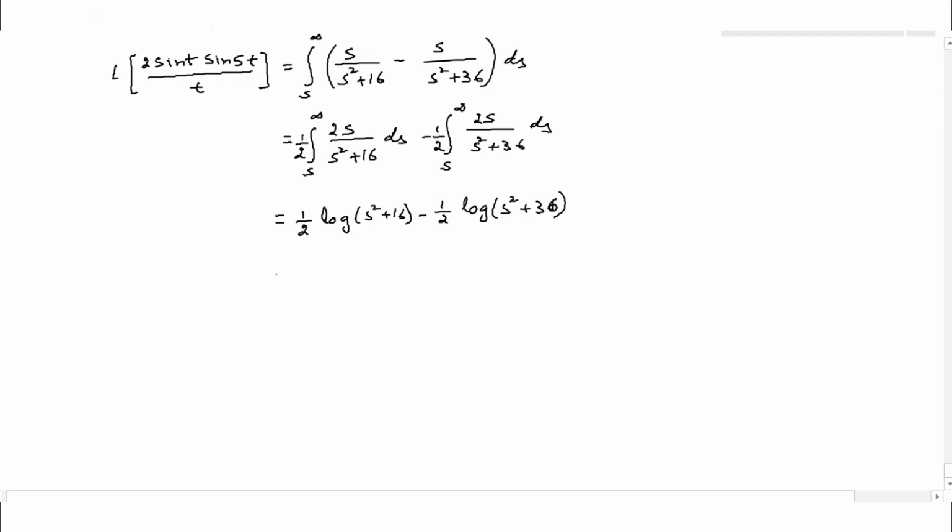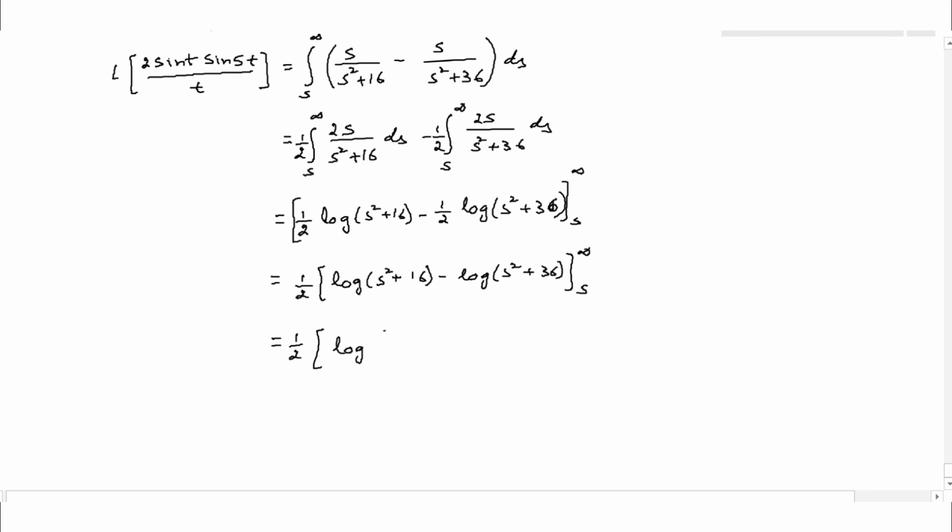and both are having the same limit values, so you can write down the limits to be equals to s to infinity. You can take half common outside and rewrite the expression to be equals to log of s square plus 16 minus it is log of s square plus 36. Or further I can rewrite this to be equals to half times of log of. So it is log m minus log n will be log m by n form. So s square plus 16 divided by s square plus 36.